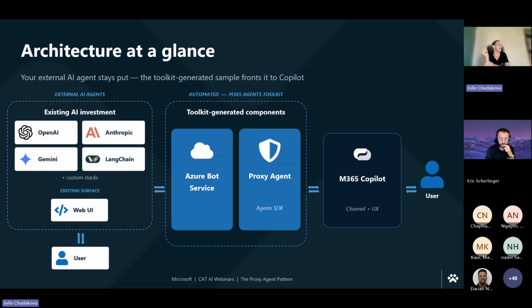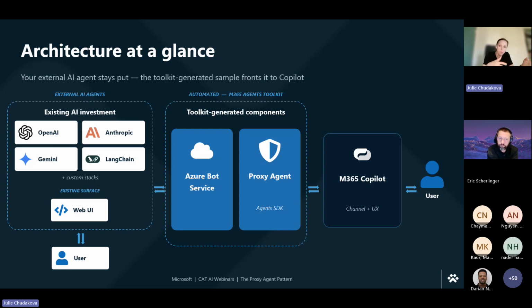And what enables all of this to become a reality is what we call a proxy agent. And this is just to set up some context for the live demo that Eric will walk us through. Here on the left, you see the existing AI investments that the customer might have, right? They build an AI agent on an existing platform or their custom stack.